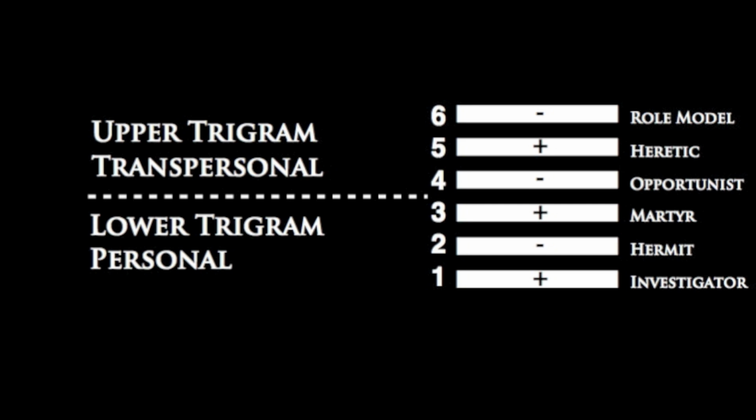And in this book, it's the same way that I'm saying it should be. It starts with yang at the bottom and then goes to yin. So the first line is yang, the second line is yin, the third line is yang, the fourth line is yin, the fifth line is yang, the sixth line is yin.